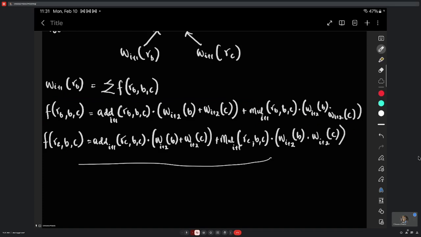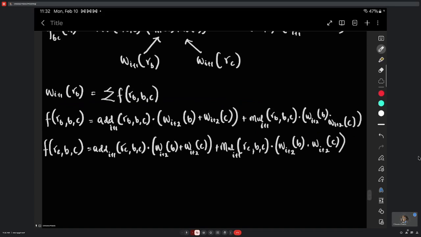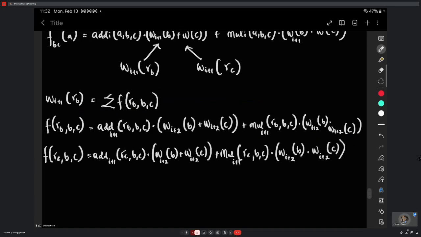Okay, yeah, got it. Makes sense, right? So do we agree with this equation? We agree. Okay. So first of all, you get up to this point. So now we're trying to prove WI plus 1 evaluated at RB.